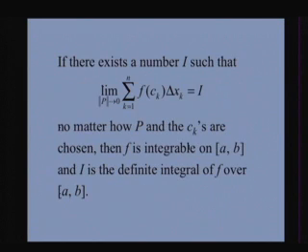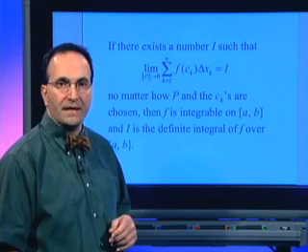If there exists a number I such that the limit as p goes to 0 of the summation of f of c sub k times delta x sub k is equal to I, no matter how p and the c sub k's are chosen, then f is an integrable function on the closed interval a comma b. And I is the definite integral of f over that closed interval a comma b.